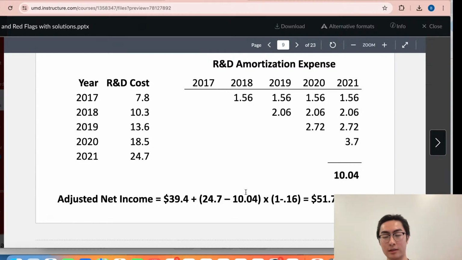But with this benefit you still have to pay taxes on it, and so in order to account for that, you just have to multiply by 1 minus the tax rate to subtract the amount of taxes you have to pay for this benefit, and then you can just add it to your adjusted net income. And you don't need to worry about adding this back either, I don't think.